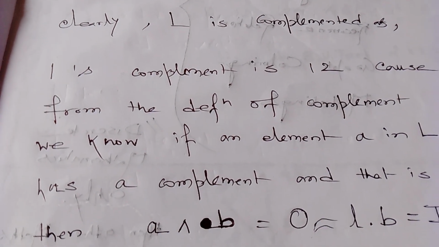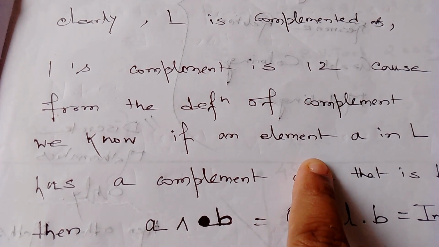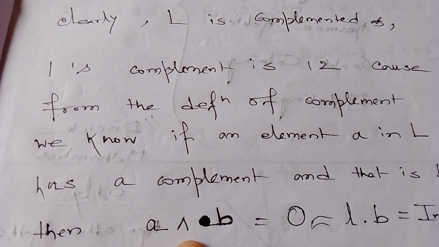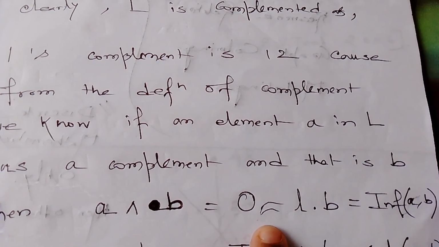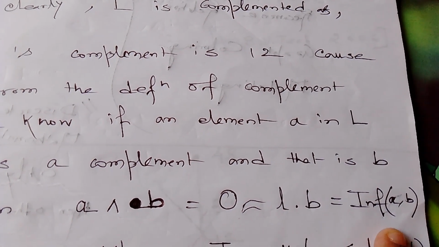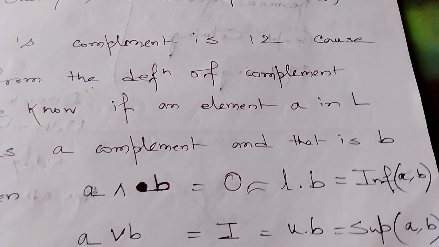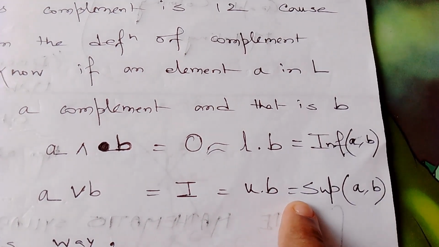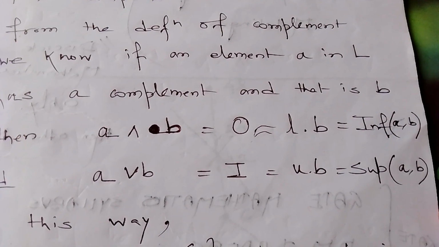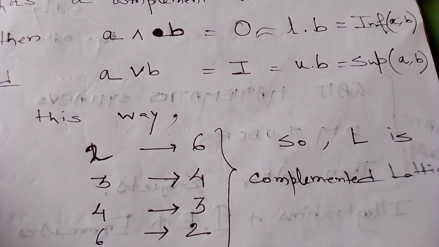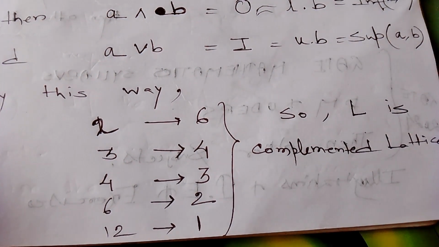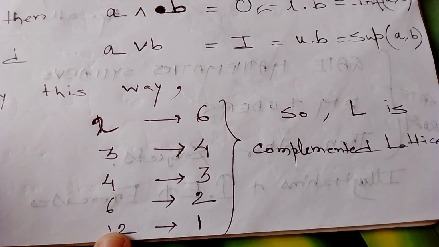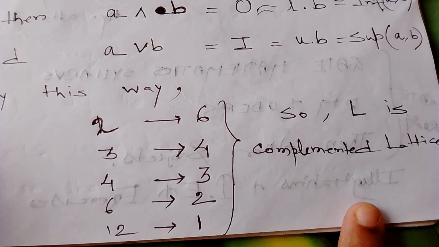From the definition of complement, we know if an element A in L has a complement B, then A conjunction B is equal to O, the lower bound or infimum of A and B, and A disjunction B is equal to I, the upper bound, that is the supremum of A and B. So in this way, 2's complement is 6, 3's complement is 4, 4's complement is 3, 6's complement is 2, 12's complement is 1. So L is a complemented lattice.